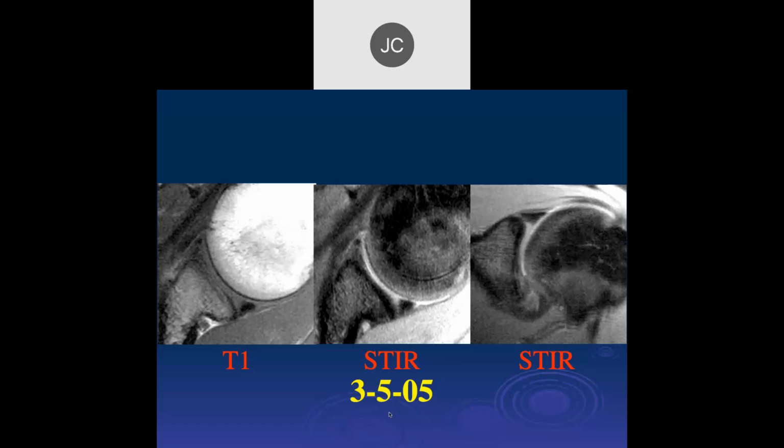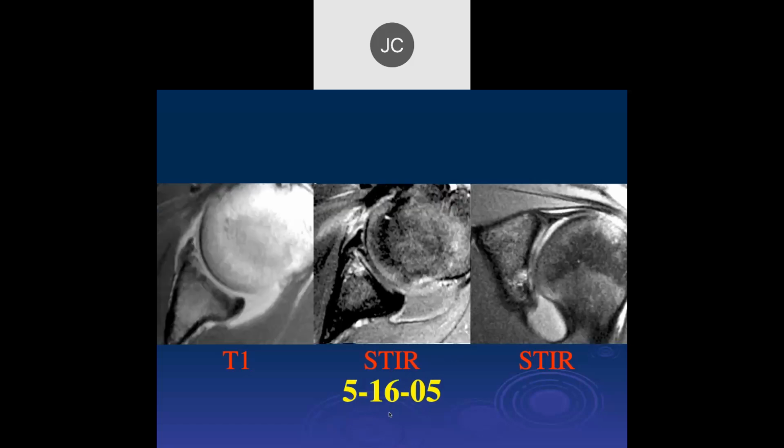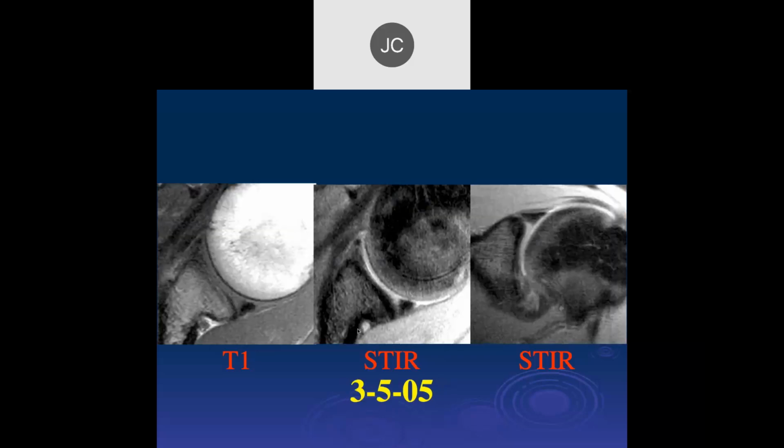Okay. So the patient was scanned a couple of months later, and this is what it looked like. So there was some sort of a cartilage injury there along with the labrum, and it healed back down.